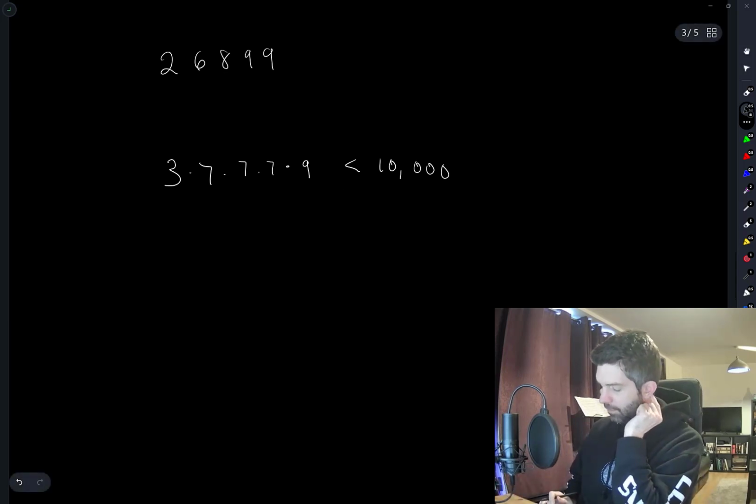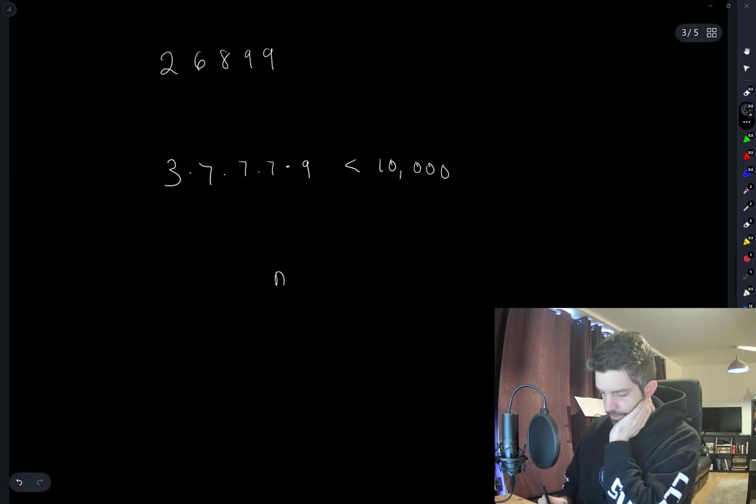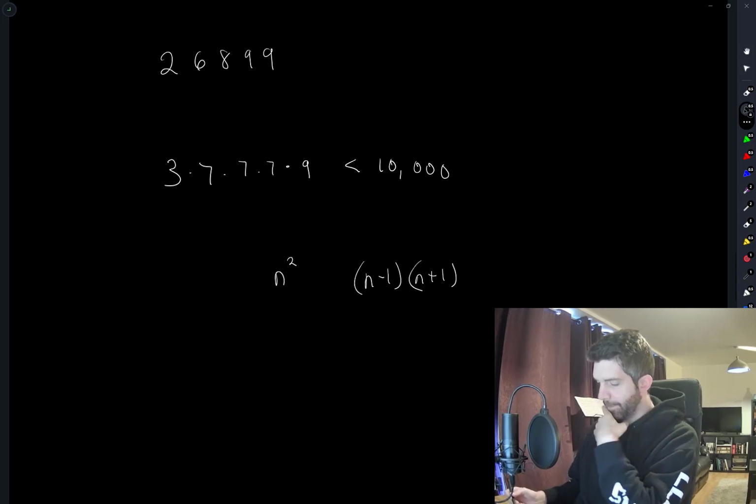Something else I'm realizing now, I wonder if this will help in any way. N squared compared to n minus 1 times n plus 1. Well, the right-hand side turns into n squared minus 1, right?